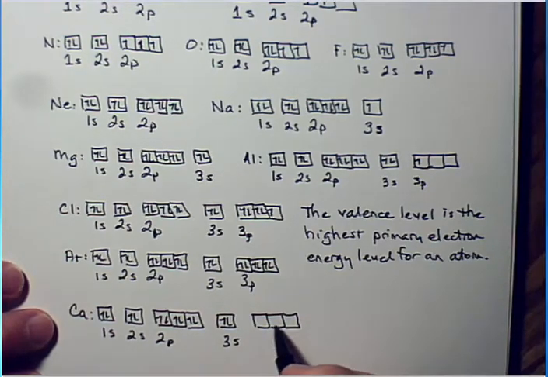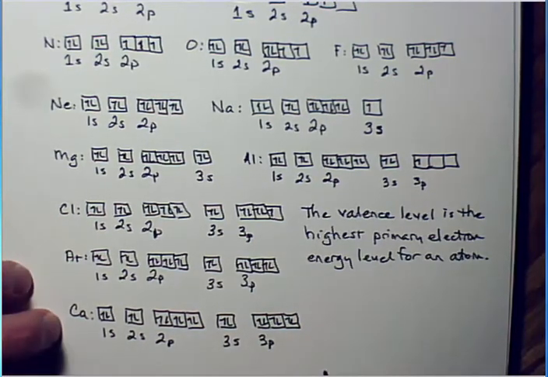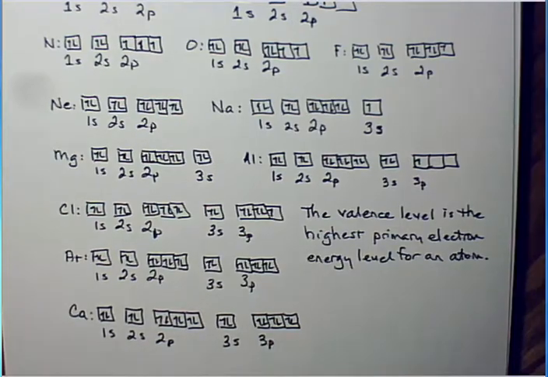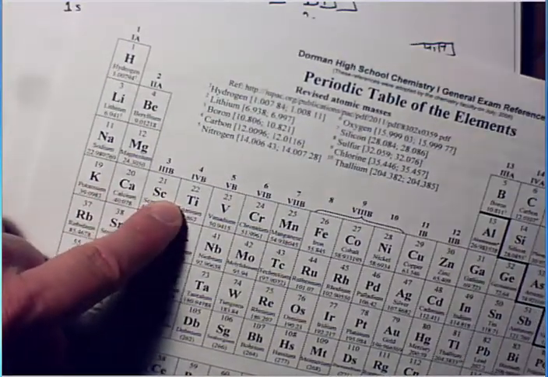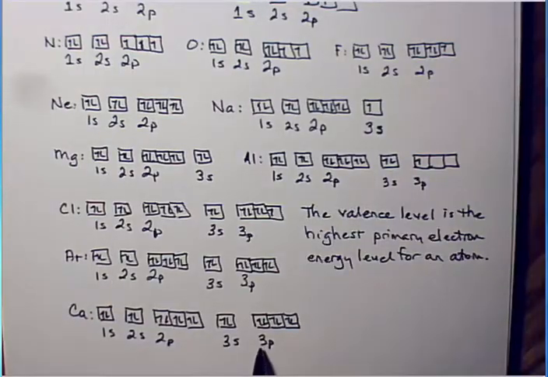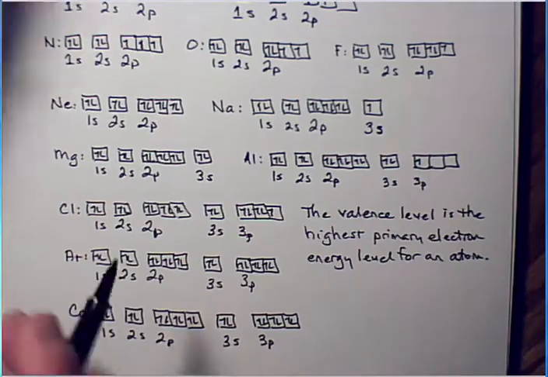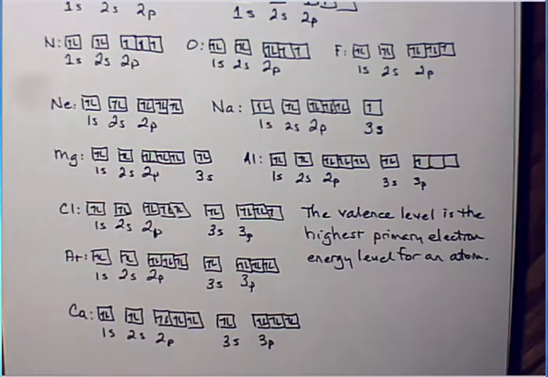All the sublevels that were filled previously are also going to be filled here. And we're going to add an extra electron in a new primary energy level corresponding to the period on the periodic table. Each time we go to a higher coefficient number, that's a primary energy level we're going to.